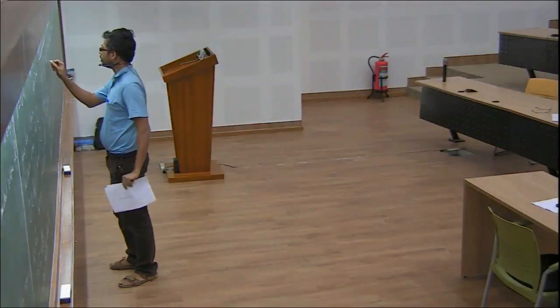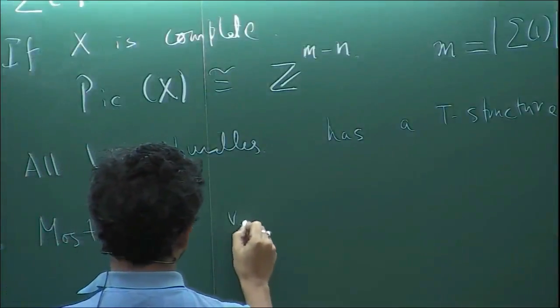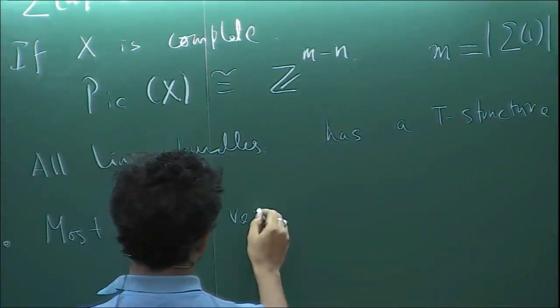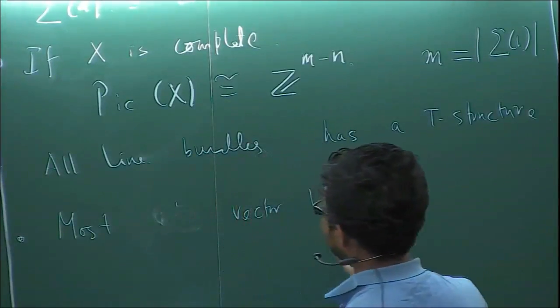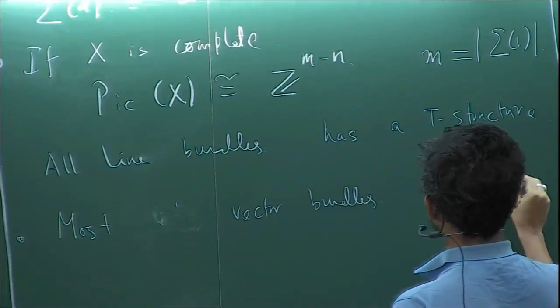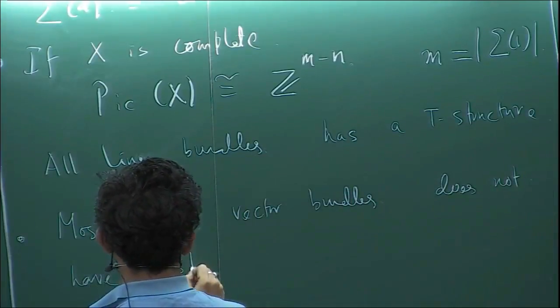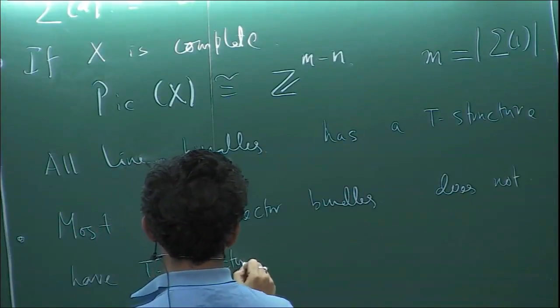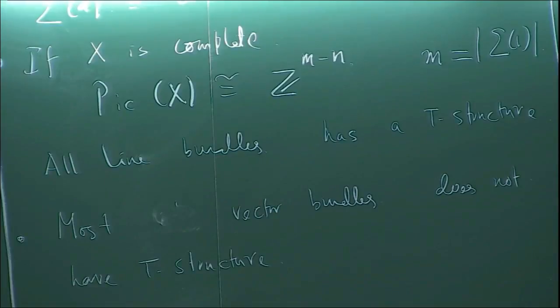Most algebraic vector bundles, I'm talking only about algebraic vector bundles, do not have a T equivariant structure.